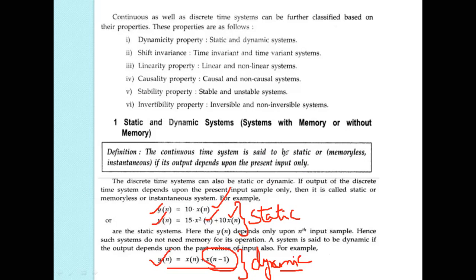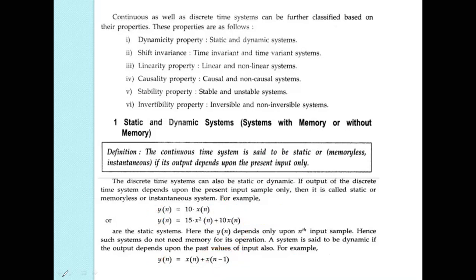A continuous time system is said to be static if its output depends upon the present input only. In terms of discrete, if the output of the discrete time system depends upon the present input only, then it is called a static, memoryless or instantaneous system.